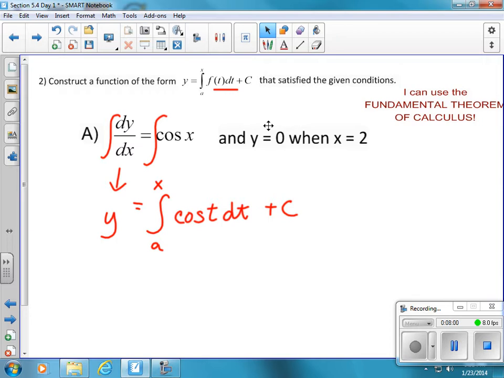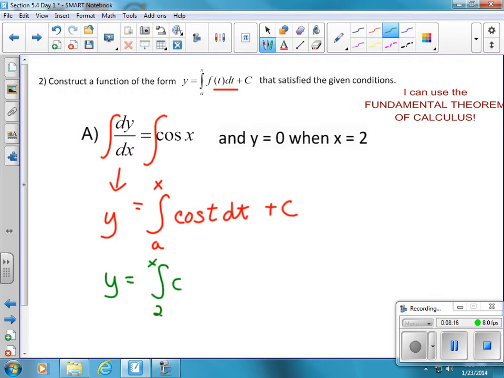So what we're going to do is make our a equal to the value of x. So let me rewrite it. We're going to take y equals the integral of 2 to x. Okay, so what we want to know is, if x equals 2, how can we make y equal to 0?